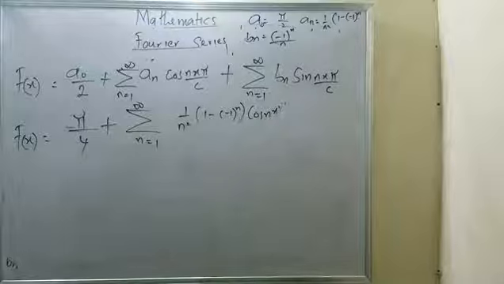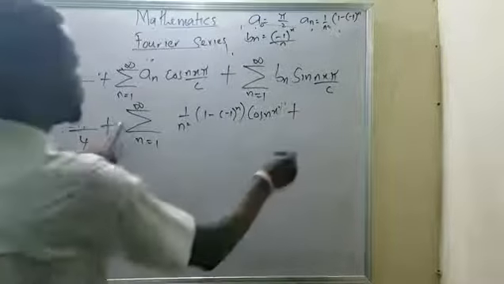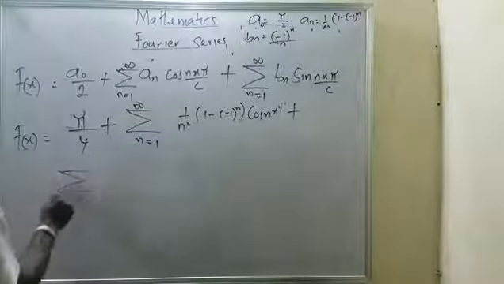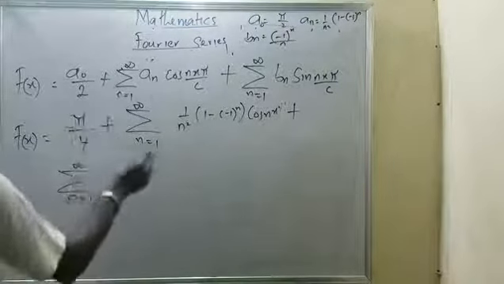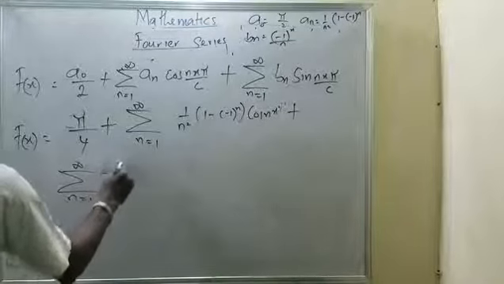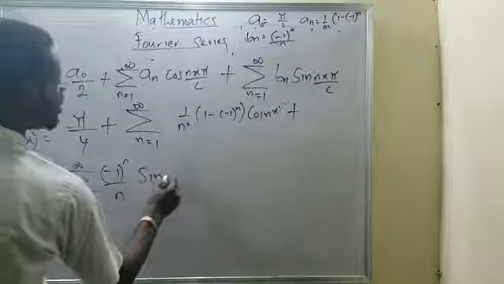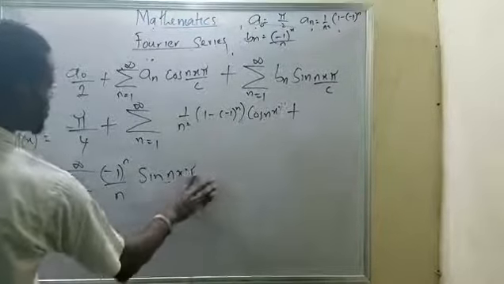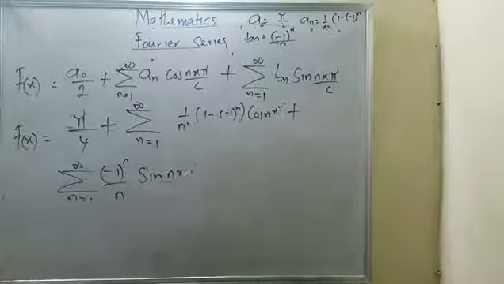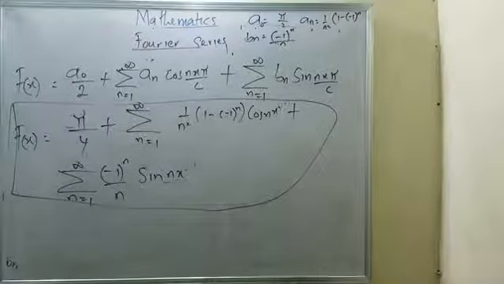Now plus, I'll move on to the next one, which is plus summation of n from 1 to infinity, what is my b of n? My b of n is equals to minus 1 to the power n pi bracket of sine nx pi all over n. Now that is my Fourier series. That is the series we are talking about.